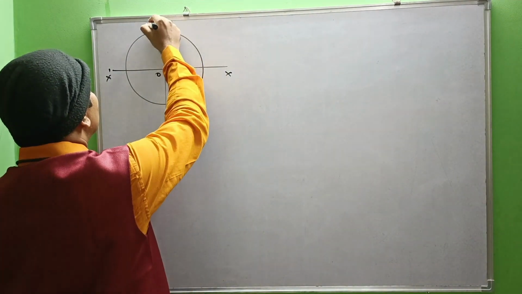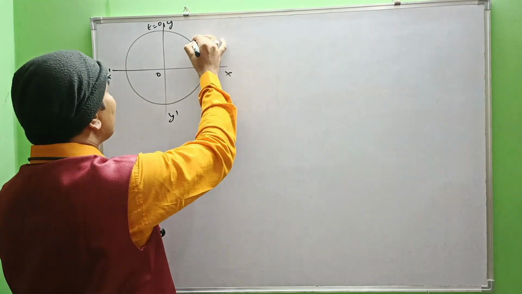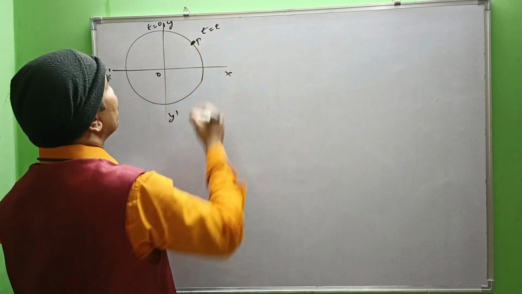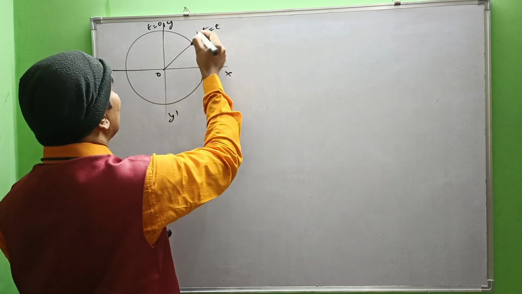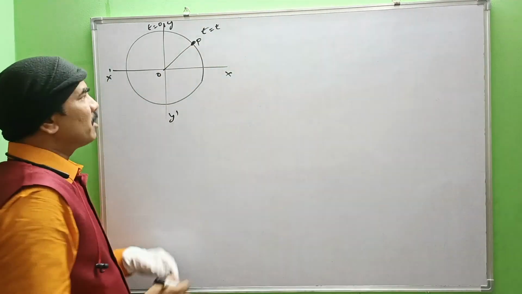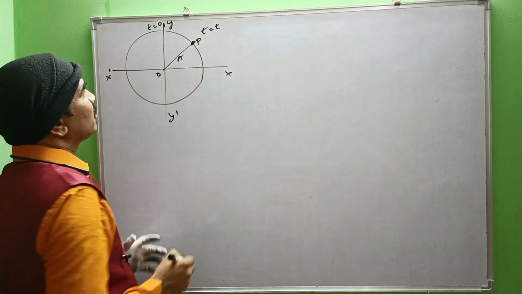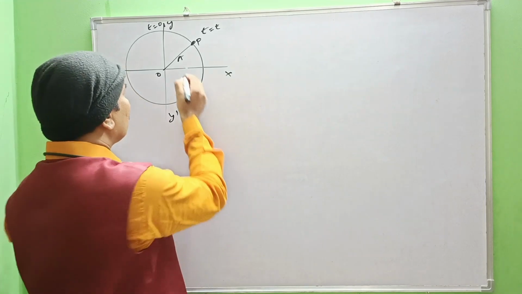At t equal to 0, let y be the position of the particle. At a given instant t, it reaches position p. Now what is its radius vector, otherwise amplitude? This is the radius vector, otherwise amplitude a. Here the radius itself is the amplitude.